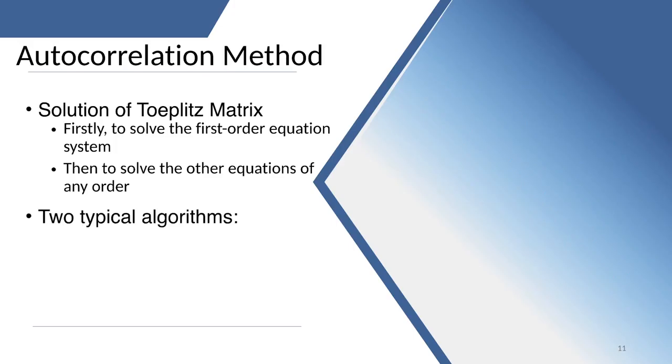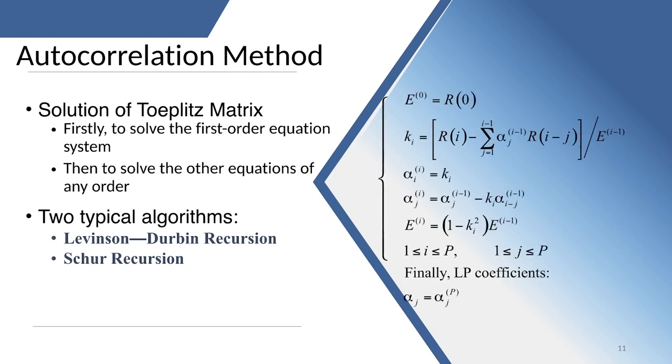Thus, as long as the first order of equation system is solved, the other equations of any order can be recursively solved. There are two typical algorithms, including Levinson-Durbin recursion and Schur recursion.